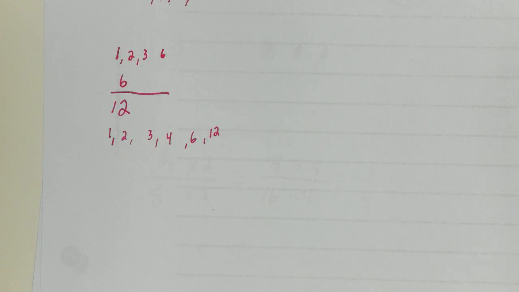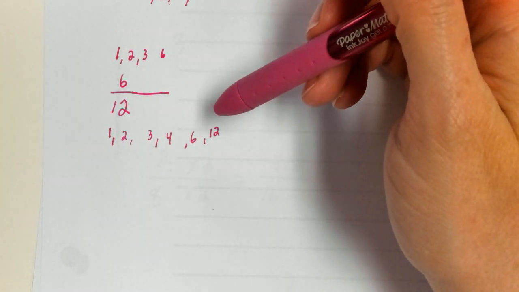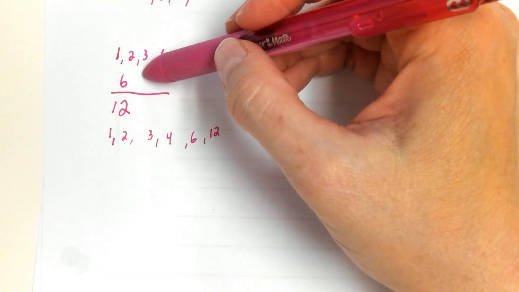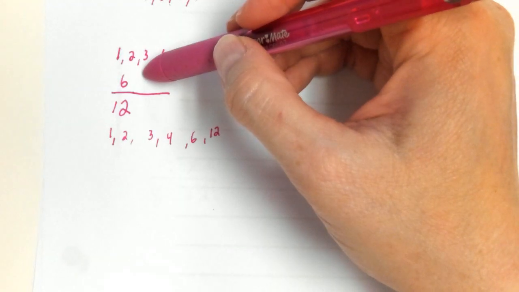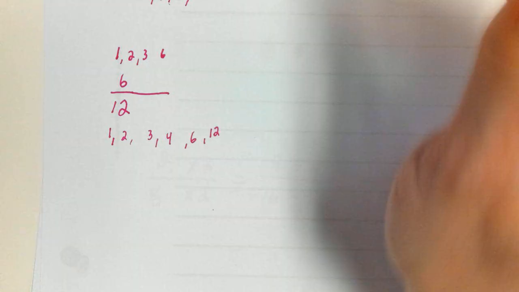Say it again. I can only do one because I have to divide both the numerator and the denominator by the same number. So which do you want to do, 3 or 4? Well, can I divide 6 by 4 and get a whole number? So let's choose 3. Okay, so which number do I want? 3.